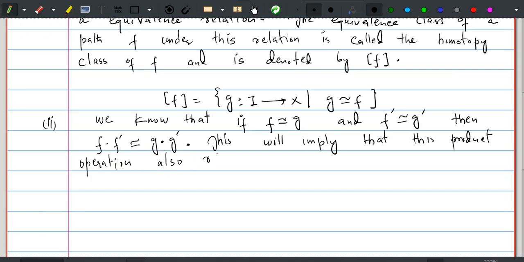This also respects the product of homotopy classes.